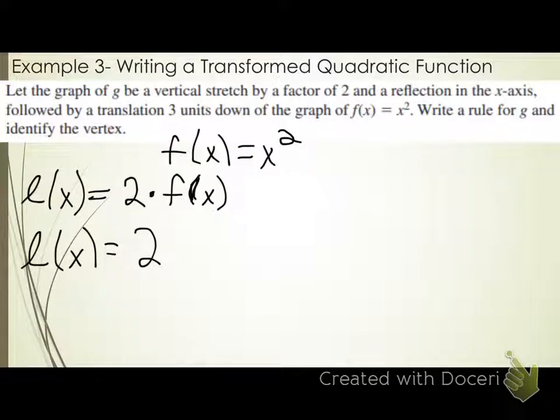X squared. So this just becomes 2x squared, right? I'm multiplying 2 times my function. There's my function after my first transformation. Does that make sense? Okay, what's my second transformation here? A reflection over the x-axis. What's the formula for a reflection over the x-axis?